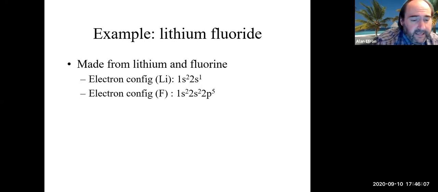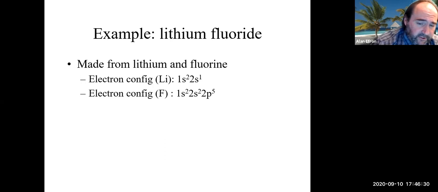We can use Lewis dot symbols to help us understand it. When we have something like lithium fluoride, the electron configuration for lithium is 1s2, 2s1, and fluorine is 1s2, 2s2, 2p5.